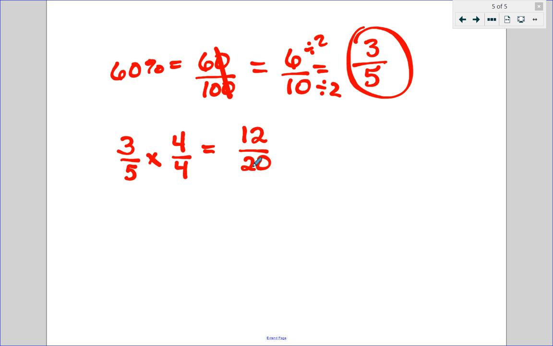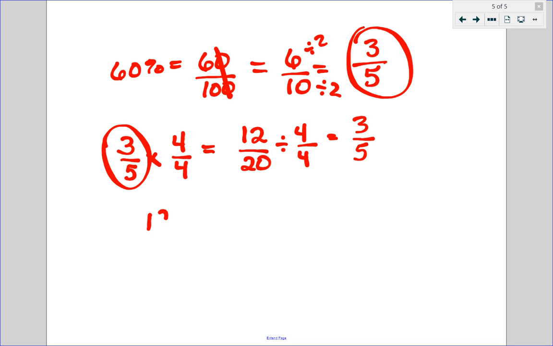And when we reduce, I know I can divide both of them by 4, and you're actually going to end up with that 3/5 again. Because if I divide by 4 here and I divide by 4 here, that's exactly what I just had. And we get 3/5. So it's like dividing by 1.